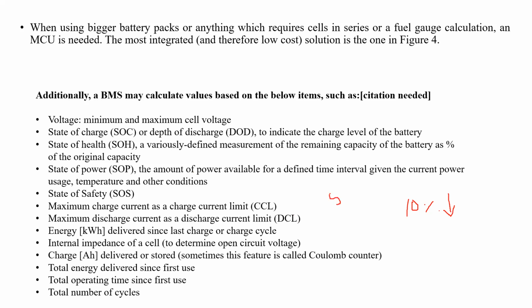For example, if the current rating of the battery is 5 amperes, and the load increases so that the motor is taking 20 amperes from the battery, what will happen? The capacity of the battery is 5 amperes, but you are taking 20 amperes, so there is a chance to damage the battery. So the battery management system should immediately display the state of safety.